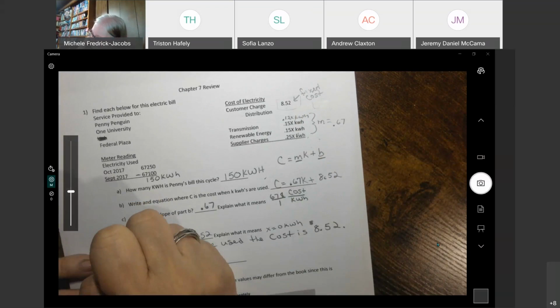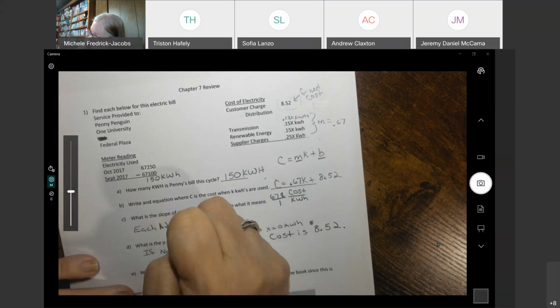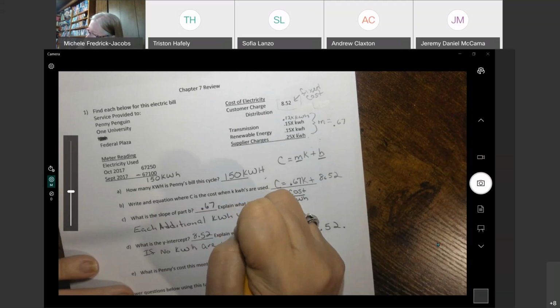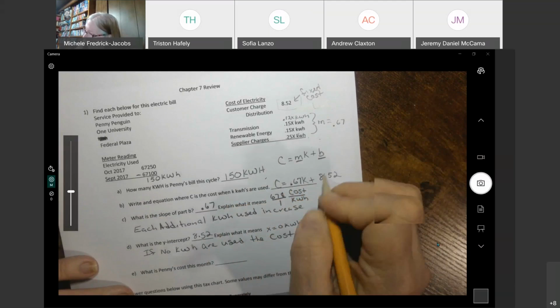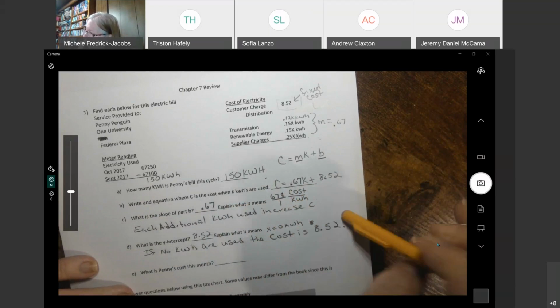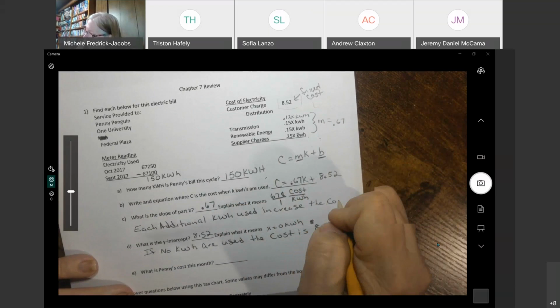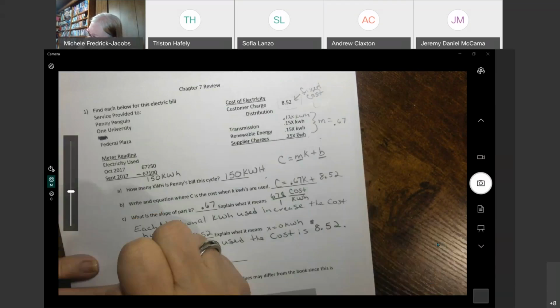To explain it then, each additional kilowatt hour used increases, because it's positive, increases the cost by 67 cents.